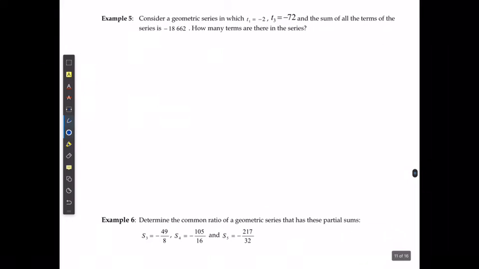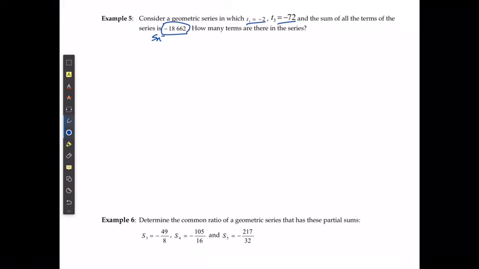For example 5, consider a geometric series in which the first term is -2, the third term is -72, and the sum of all the terms is going to be -18,662.